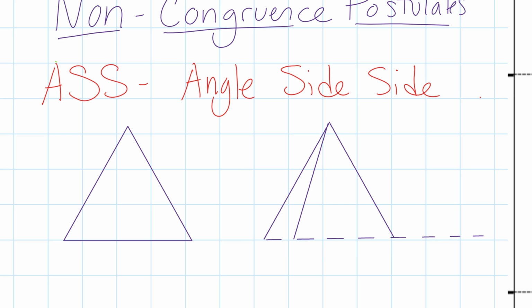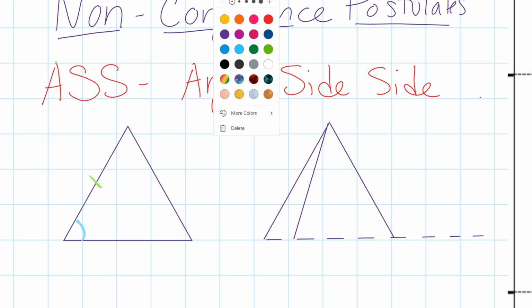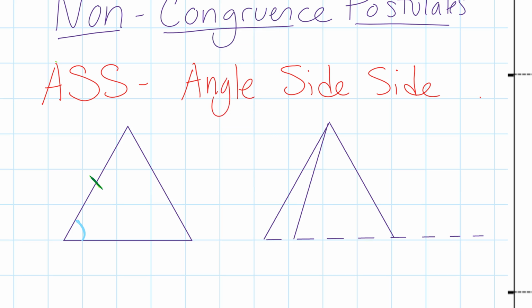So I'm going to put an arc mark here, and then one tick mark, and then I'm going to put two tick marks. So this triangle alone reads ASS.